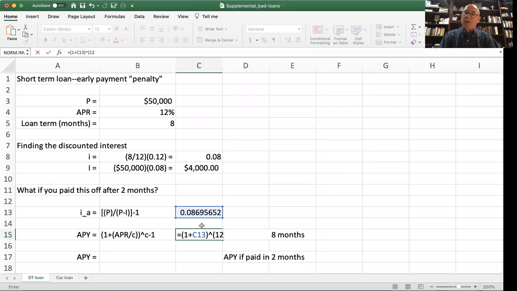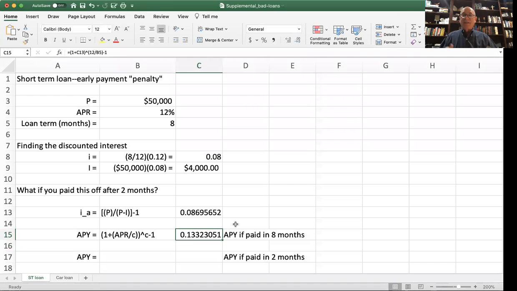It'll always be 12 because 12 months in a year, short-term loan, divided by 8 months, right? So that's 12 divided by 8, 1.5. And then we'll subtract 1. Now this is the APY, the annual percentage yield, that we would then compare to the APR, if you will.